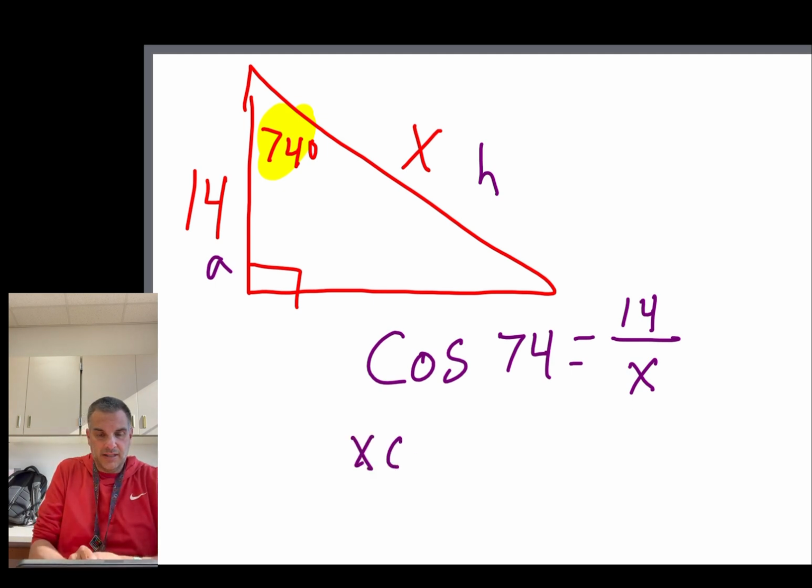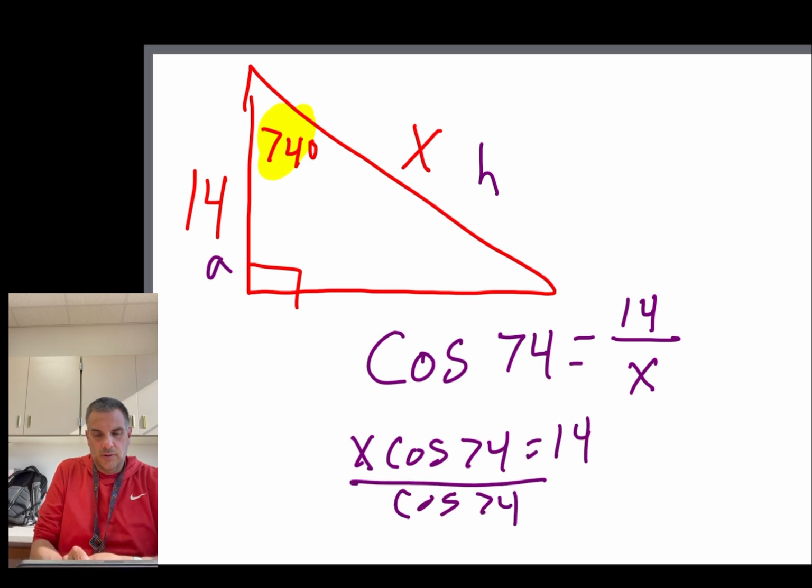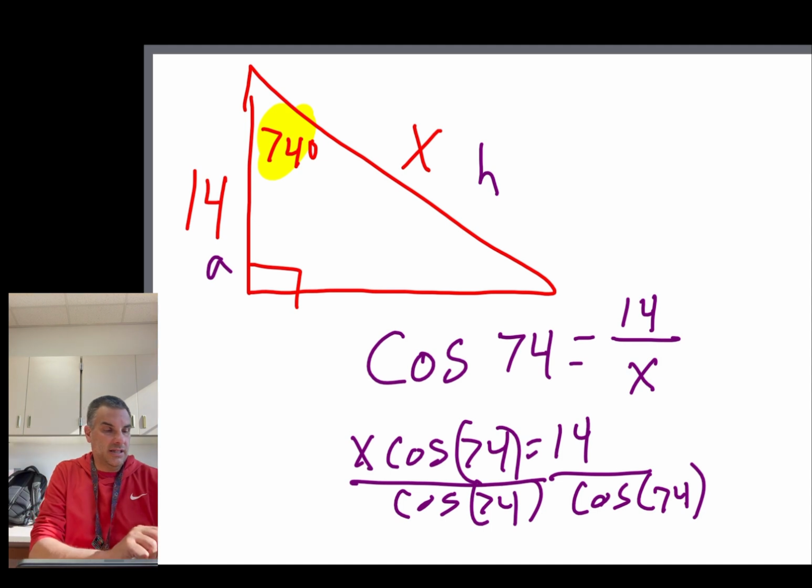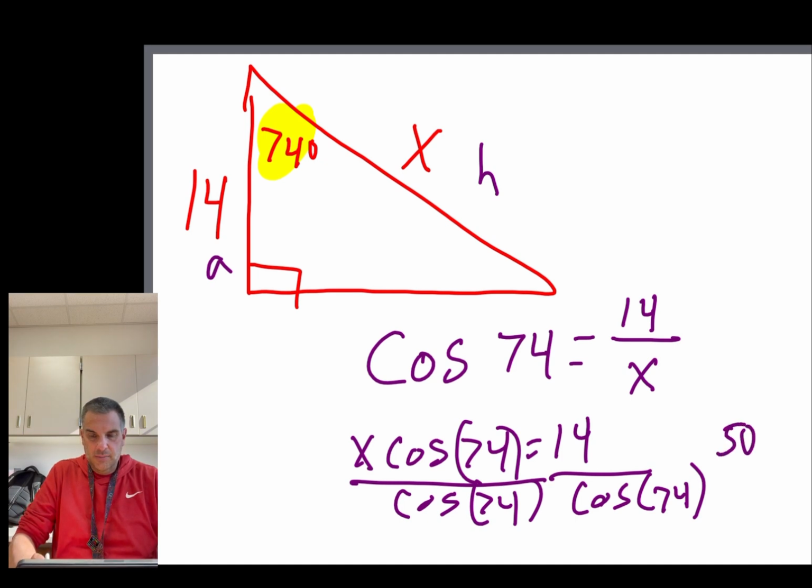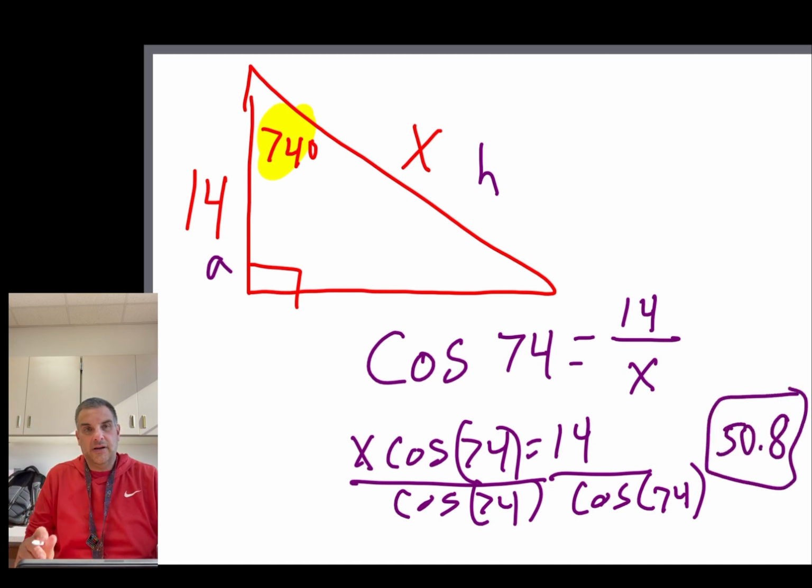So this would be x times the cosine of 74 equals 14. Divide by the cosine of 74. So 14 divided by the cosine of 74 is 50.8. That is the value of x. And that's how you find missing sides of a triangle.